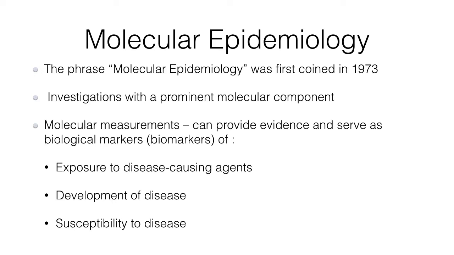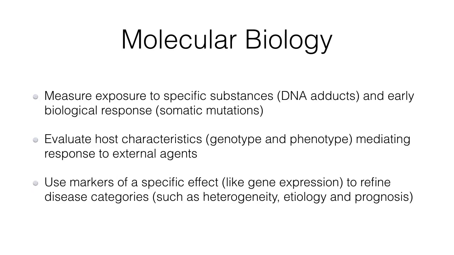Nowadays, molecular measurements can provide evidence and serve as biological markers or biomarkers of exposure to disease-causing agents, development of disease, susceptibility to disease. And molecular biology actually measures exposure to specific substances and early biological response.